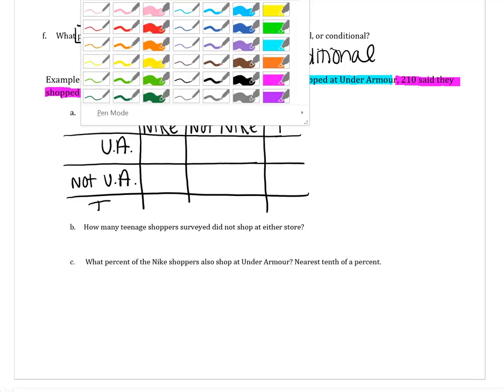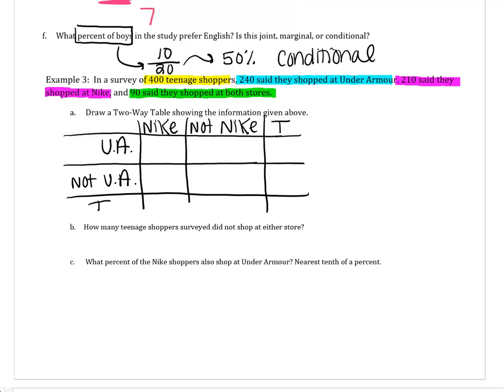Now, based on what I know from reading this, I got 400 teenage shoppers. That's the total. And then 240 of them said they shopped at Under Armour. So Under Armour total, 240. 210 said they shopped at Nike. And 90 said they shopped at both stores. So this is where they overlap, Under Armour and Nike.